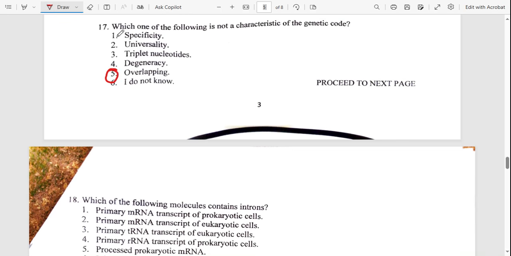When you read all the properties of the genetic code, specificity is not really included, but overlapping is really wrong. The genetic code does not overlap. It's non-punctuating, non-overlapping, commaless, degenerate, unambiguous, redundant, triplet codon, universal. Those are the properties of the genetic code.